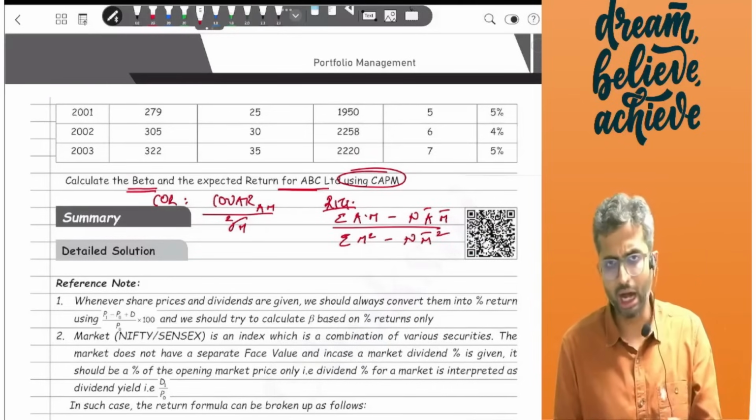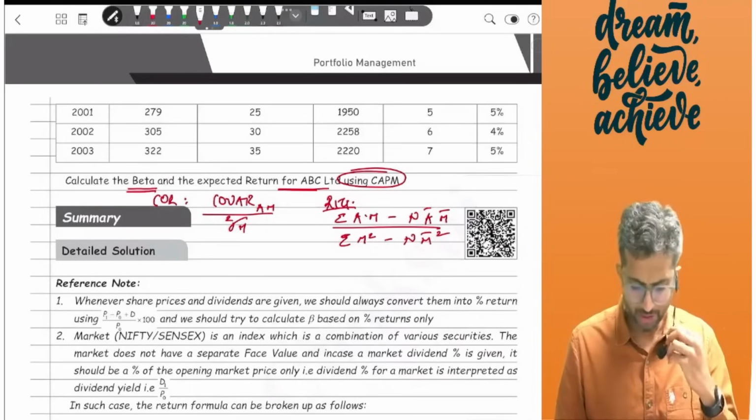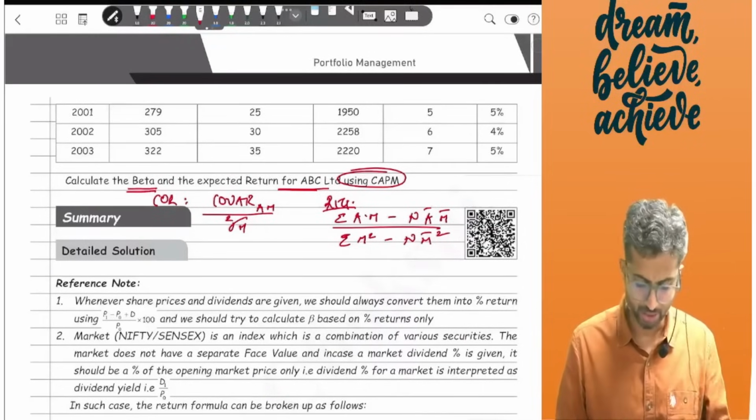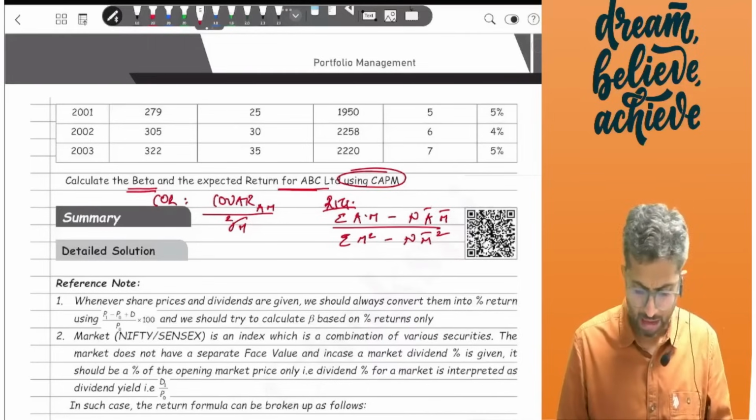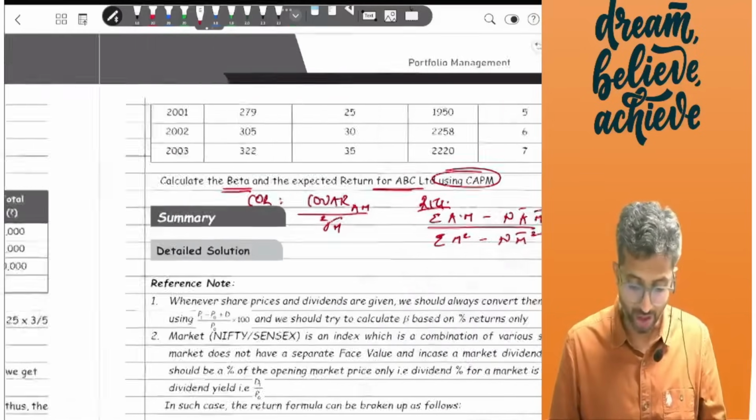Both the methods will give you approximately the same answer. So if we were to look at the first method, we need to find the covariance. But for covariance, we need to find the returns in the first place. We don't have the returns.